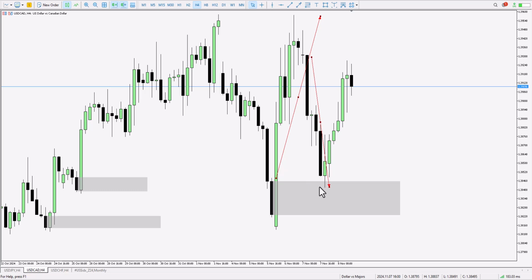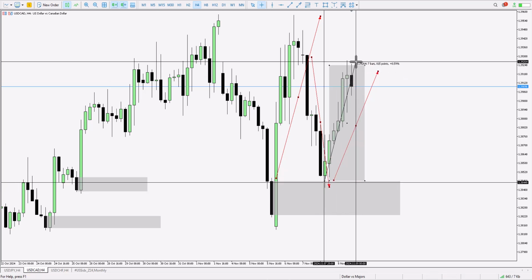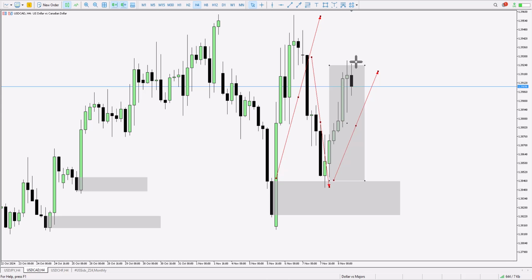Once it reaches your demand zone, you expect price to find support inside a demand zone, and then it pushes to the upside. This now is your trade. You see, that is the trade. So you're looking at a total of almost like 80 pips from a what?